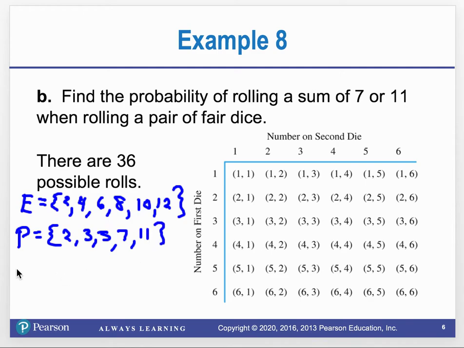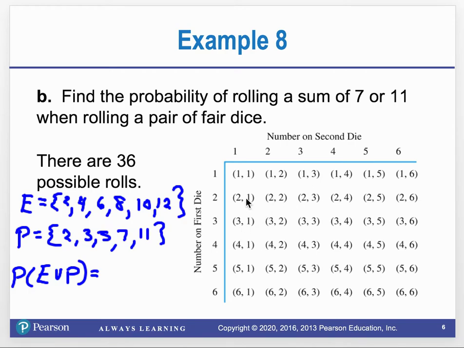So if I want to know the probability that the number is even or prime, I've got to figure out the probability that it's even. Now think about this though. Let's take the 4 for example. There are 1, 2, 3 ways to get 4.